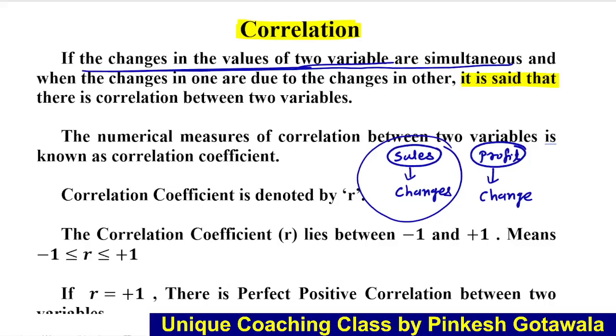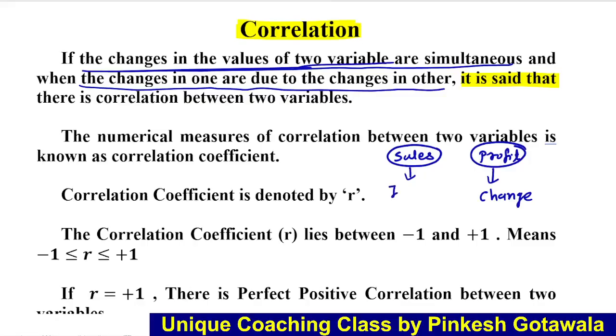Okay, and also, you can say that the expense, expense પણ increase decrease થઈ શકે છે with the sales. So here there are changes between two variables, but the changes in one are due to the changes in other. એટલે કે કોઈ એકમાં જે changes આવ્યો છે તે બીજામાં change થવાને કારણે આવ્યો છે. Here sales increase, suppose think that sales increase, so it's common, if sales increase, due to that profit also increases, yes or no?